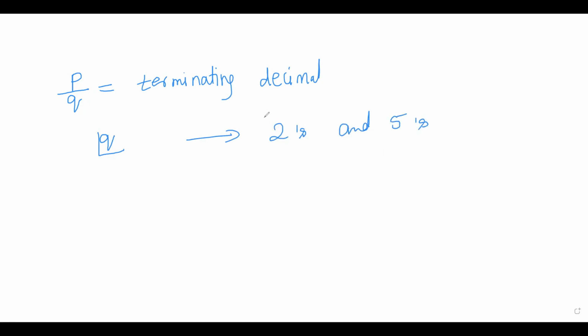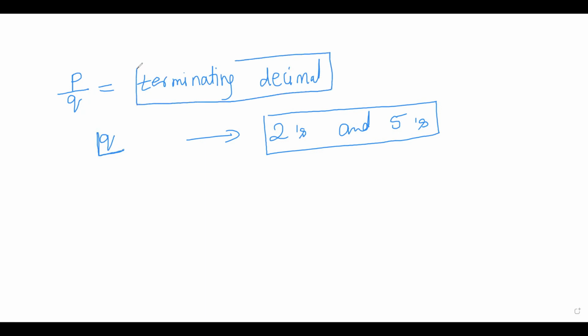There should not be any other prime number apart from 2 and 5 in the prime factorization of the denominator. In that case only we will get a terminating decimal.